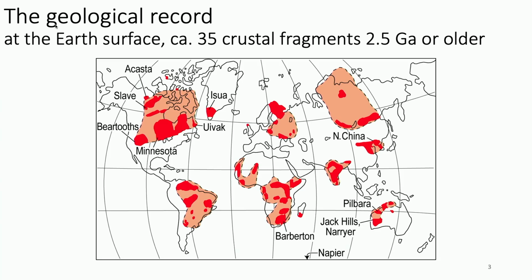This map shows in dark orange the rocks where you could find outcrops older than 3.6 billion years, so older than the Eoarchean, and the lighter one is everything older than 2.5 billion years. This map will come regularly because I will point to the rocks or to the samples that I will describe.